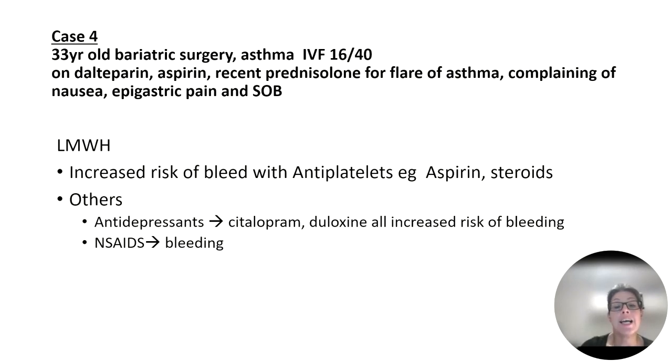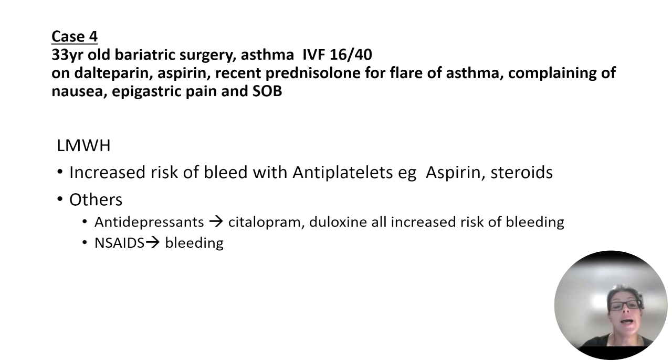She had prednisolone for a flare of her asthma recently and had started feeling nauseous with new gastric pain and shortness of breath. And when we checked her bloods at examination, she had a very tender epigastrium. Her Hb had dropped by 3 grams.